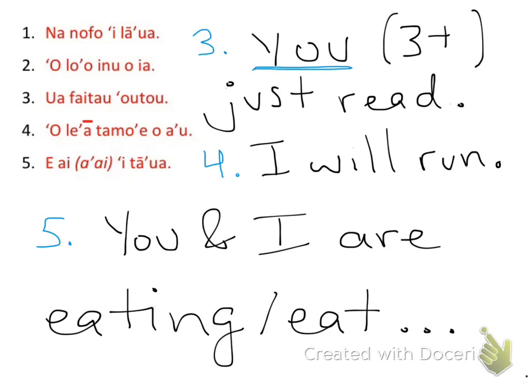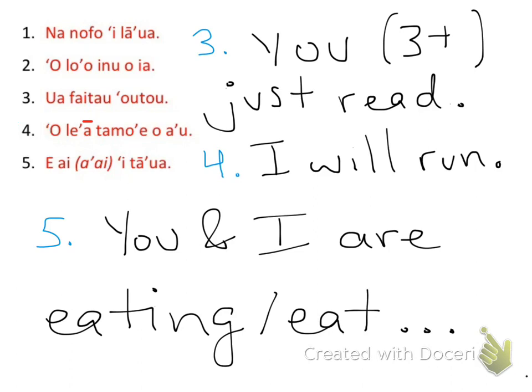I said they 3+, and it was you 3+, because this is an 'oto', and 'oto' is for you all, or y'all, or you 3 or more, and it's not for they 3 or more, those 3 or more. So sorry about that. So you 3 or more just read is the correct translation for 3. Now 4 is 'I will run'. That one's pretty easy.